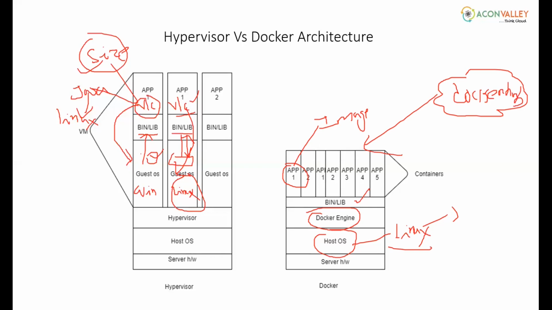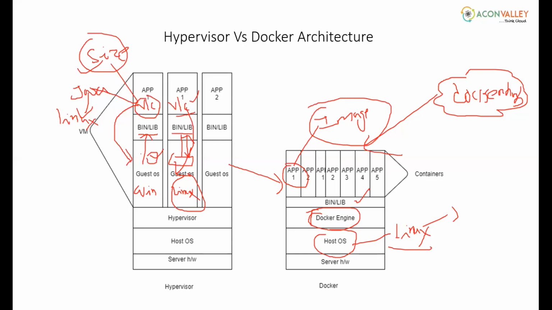That image contains the necessary binary and library files, which are responsible to run on this Docker engine without a dedicated OS. It doesn't require an OS because it has its own binary and library files to run.